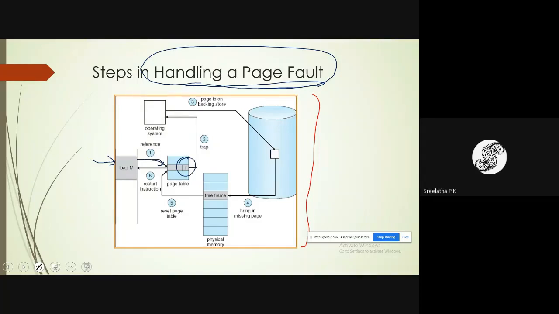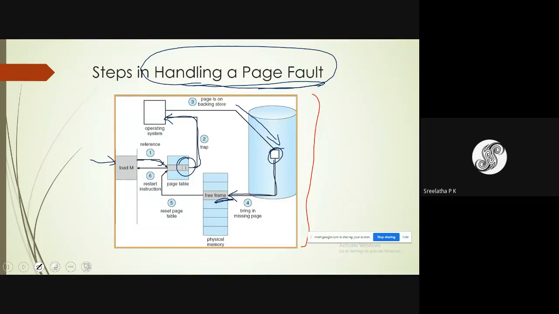The valid invalid bit is set to I. A TRAP, a signal, is sent to the operating system, indicating that a page is required which is not in the primary memory. The operating system searches in the secondary memory where the page is present, checks the address where the page is present, goes and accesses that memory, checks where the free frame is in the primary memory, and stores this page into this free frame.